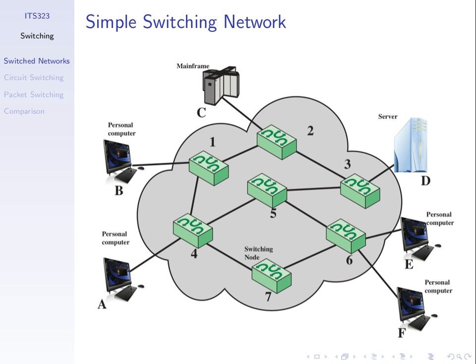Tell me a path. 4, 7, 6 is one path. Another one? 4, 5, 6, so another path, and we can see we could go 4, 1, 2, 3, 5, 6. We could even go in a loop if we wanted to, 3, 5, 4, 7, 6, even longer. So we have multiple paths from our source to destination.